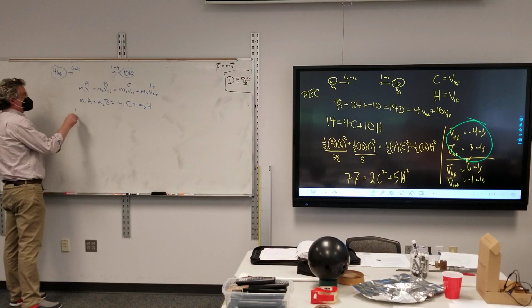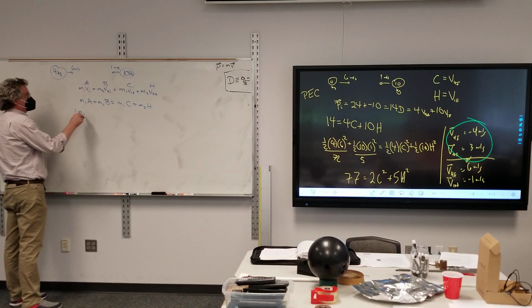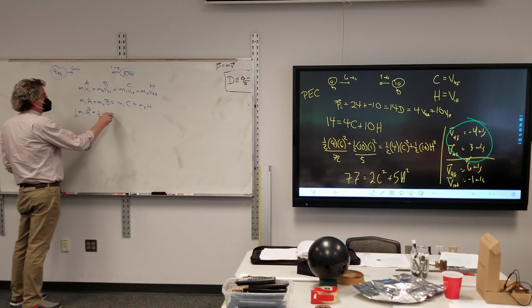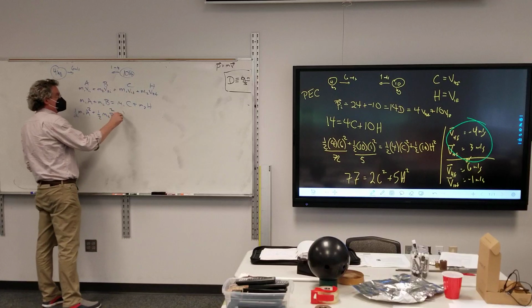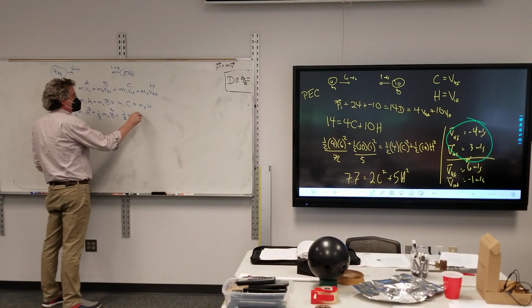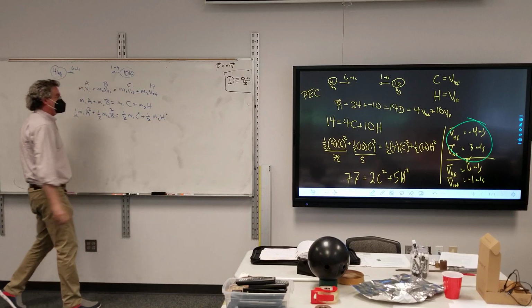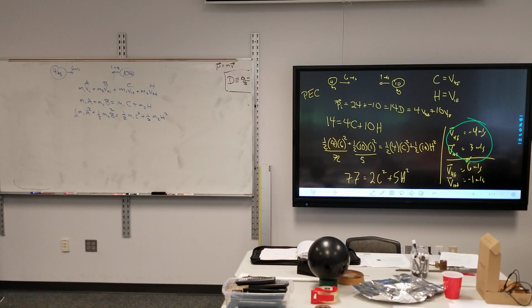I also know kinetic energy is conserved, so I get 1/2 M1A squared plus 1/2 M2B squared. It's got to be equal to 1/2 M1C squared plus 1/2 M2H squared. Kinetic energy formula with my total beforehand is total afterwards.